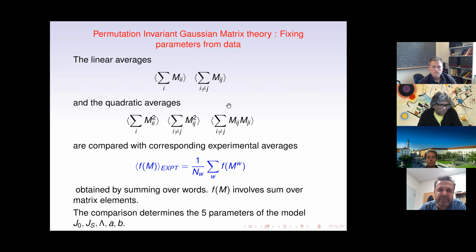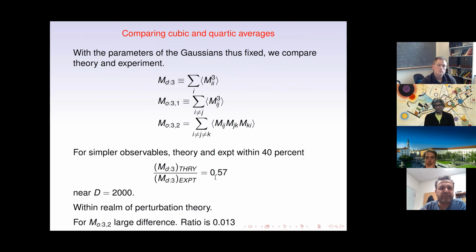These are the theoretical linear and quadratic expectation values. For these linear and quadratic expressions, you can get an experimental average: for each of these functions of m, you take that function, you sum over the words, and you divide by the number of words, and you get an experimental average. And that you set equal to your theoretical average in order to set up the parameters of the model. And you get some parameters.